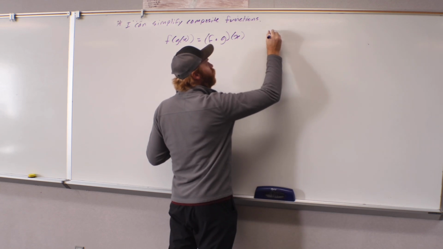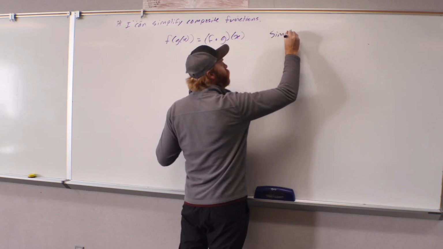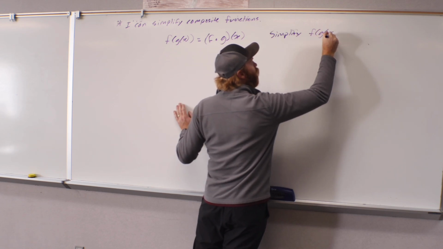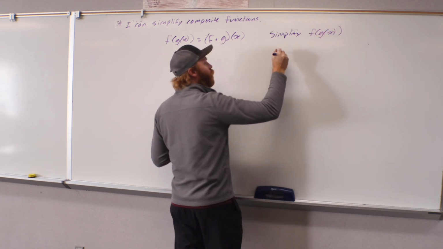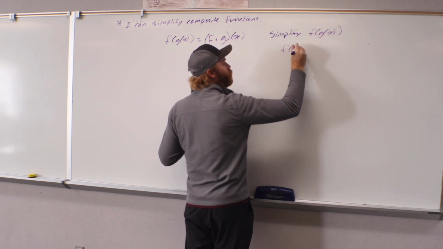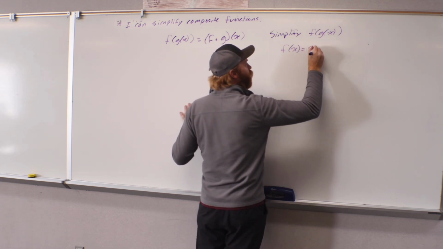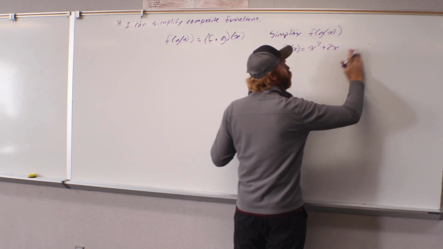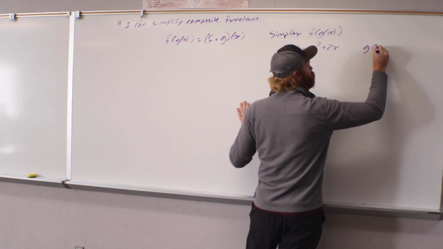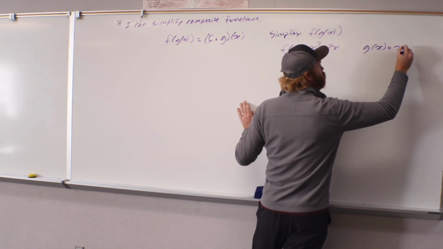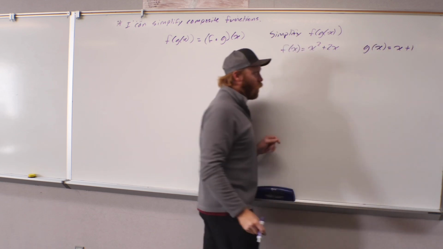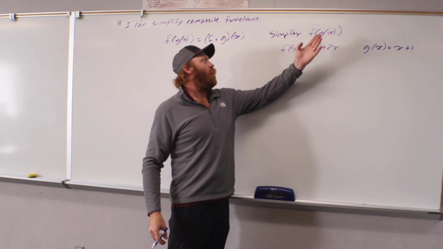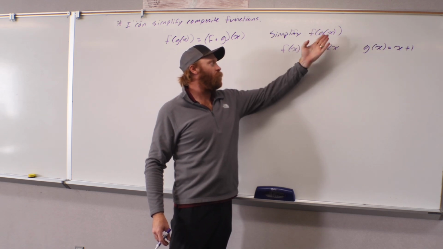Okay, so let's simplify f of g of x, and let's say f of x equals x squared plus 2x, and g of x equals x plus 1. First thing, the g of x function is going to go inside our f of x.